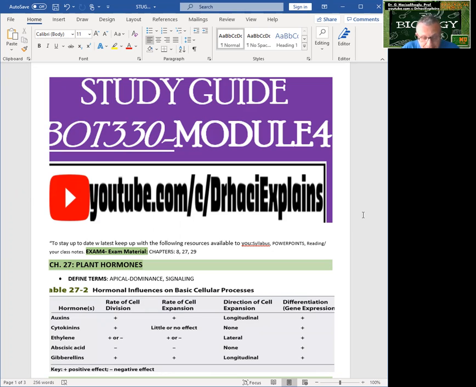The name suggests they are involved in cytokinesis. They could also delay senescence, which means early death of the plants, and they are involved in growth of the shoot. There are experiments and some research we also cover, so make sure you learn about this. Also learn about the auxin to cytokinin ratio: not just the individual effects, but how they interact with each other and how their ratio influences plant growth.